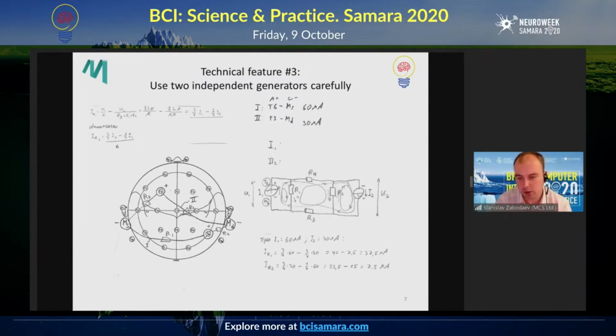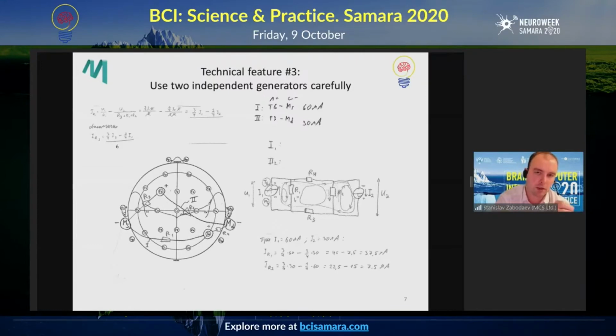In this instance, we wanted to use 60 milliamperes for stimulation. 60 milliamperes is not a significant value, but we wanted to use it to stimulate a certain brain area. But in reality, because of the second generator, we stimulated this location using 37.5 milliamperes.